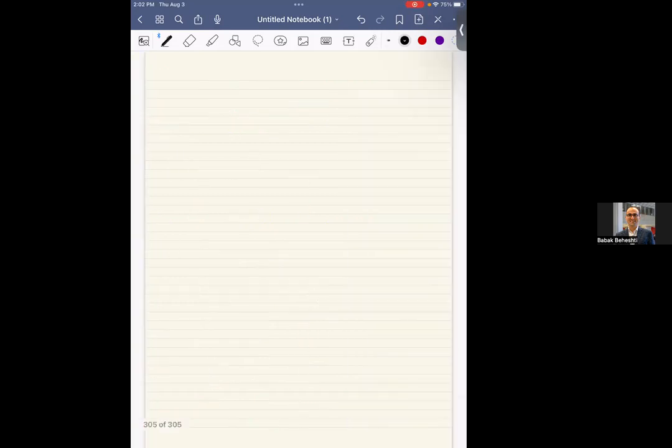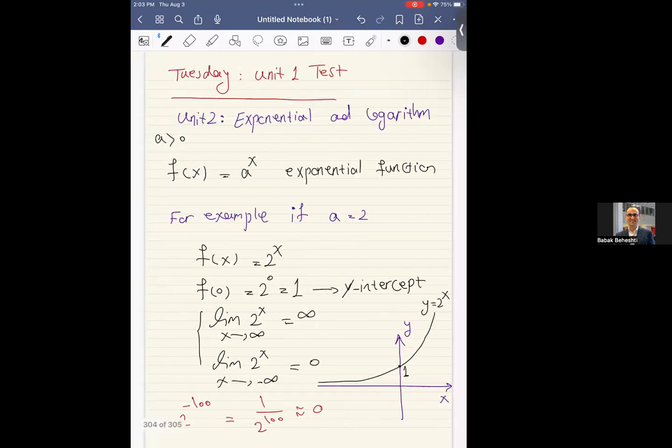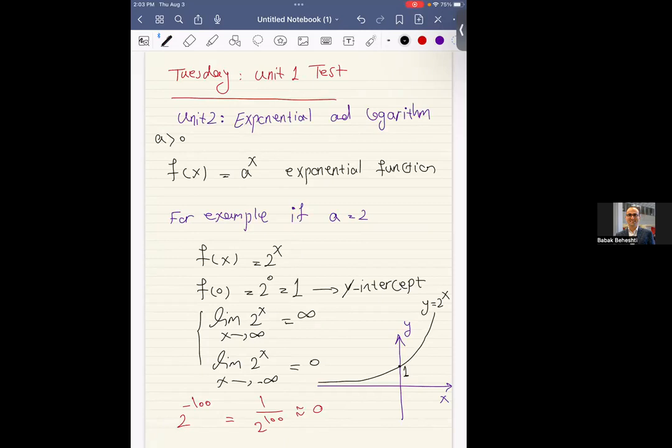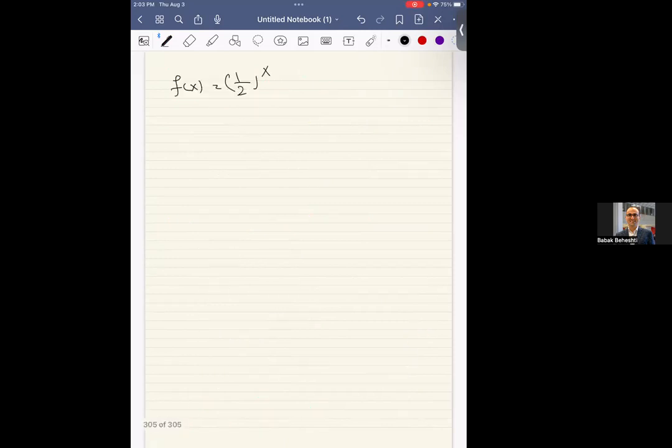But what about f of x equal to 1/2 to the power x? The behavior is kind of reverse, opposite of 2 to the power x. Again, f of 0 is 1. So for both of them, the y-intercept is 1.